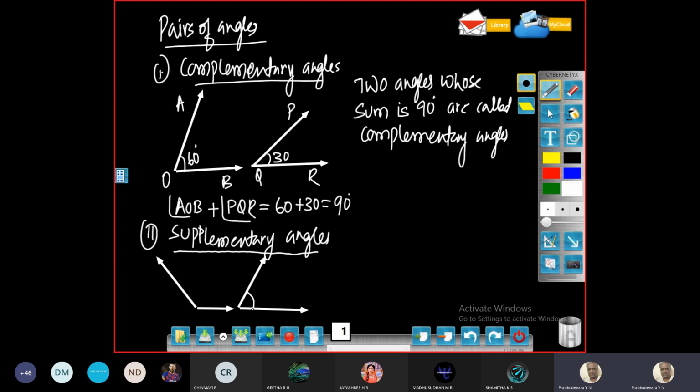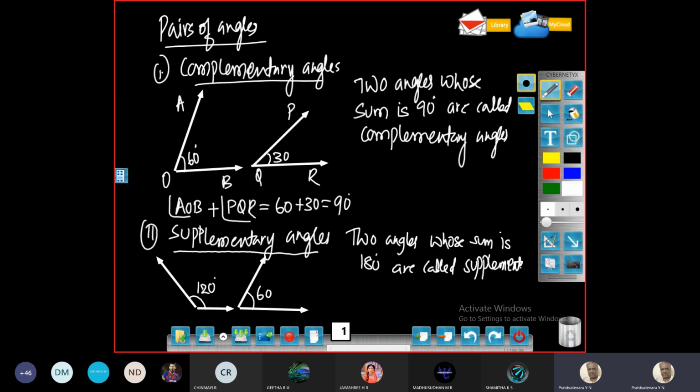Suppose this angle measures 60 degrees and this angle measures 120 degrees, then we call them supplementary angles. Two angles whose sum is 180 degrees are called supplementary angles.